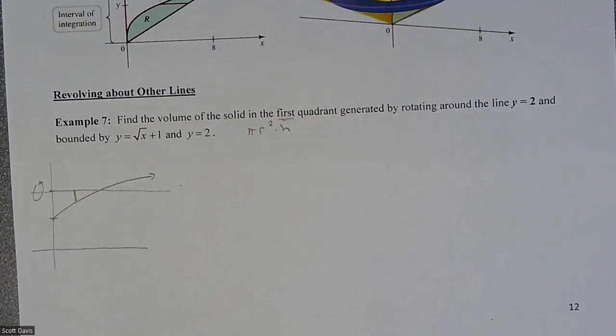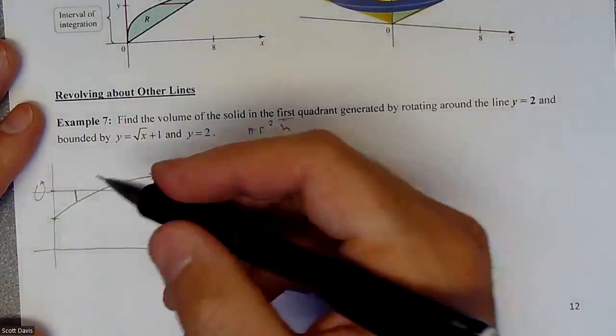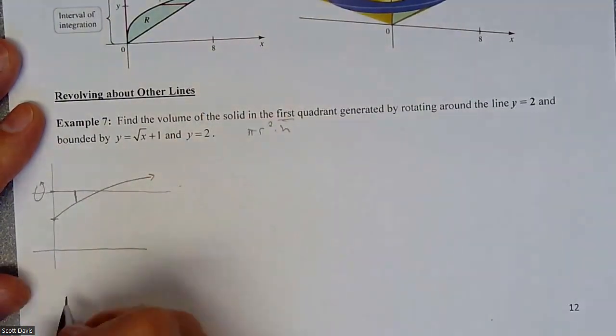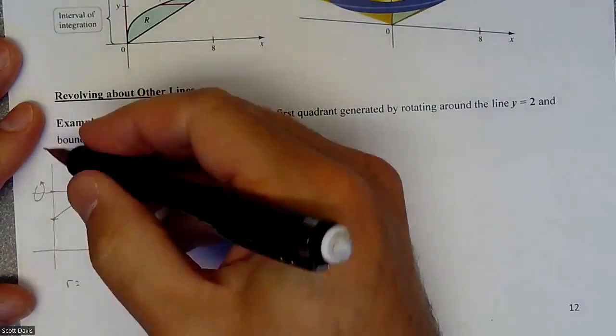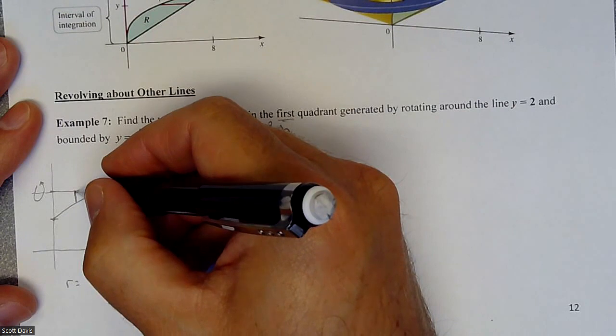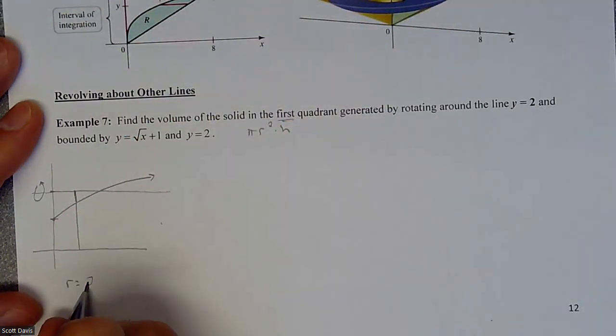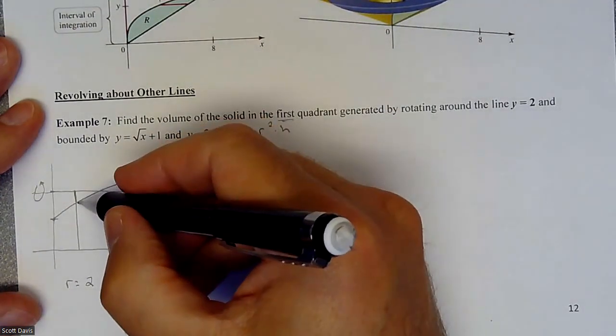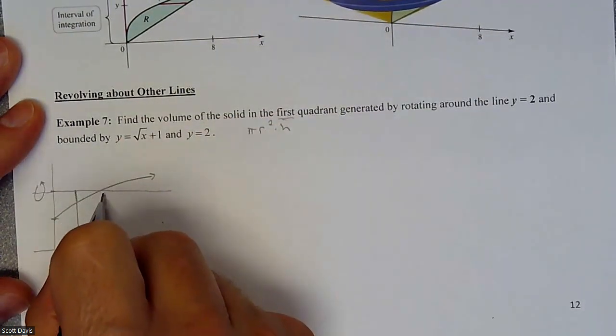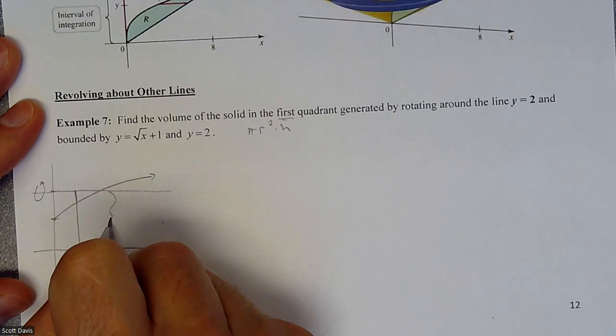All right, so here's how we do this. We have two things that we have to consider, because right now our radius, if it basically could just be all the way down, would be 2. However, we need to subtract out. So this whole thing right now, the radius is 2.